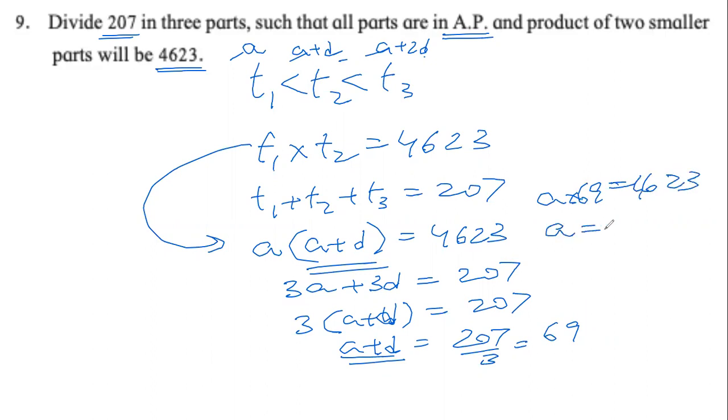So A equals 4623 by 69. We got A. When we put this A back in, then we can find D. So we are able to find A, we are able to find D, and so we can find the three parts, T1, T2 and T3.